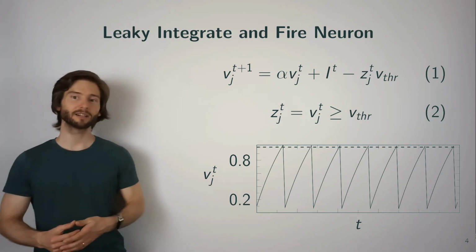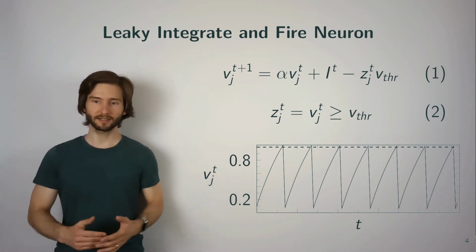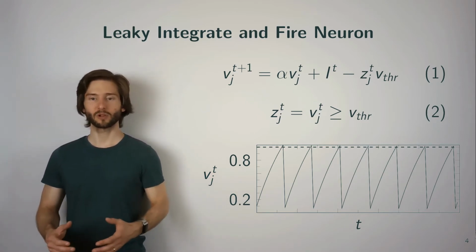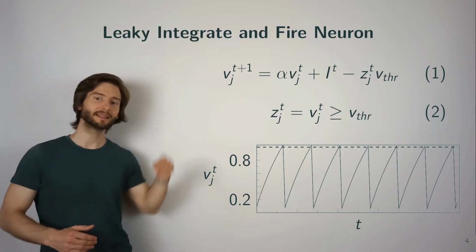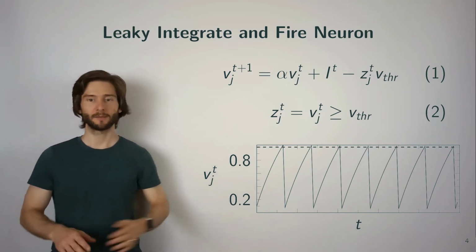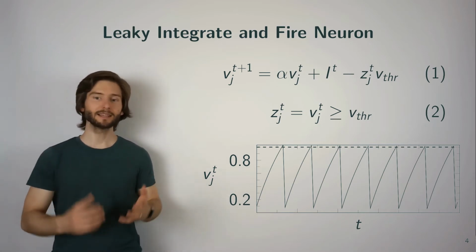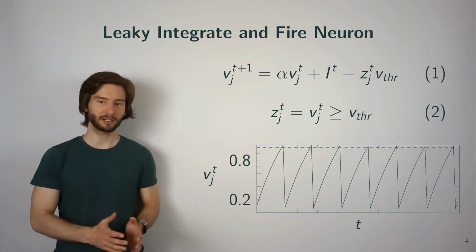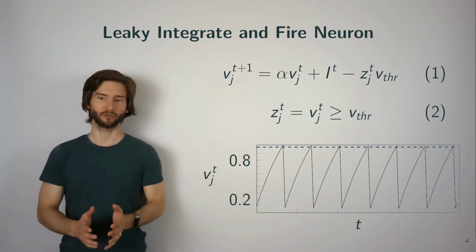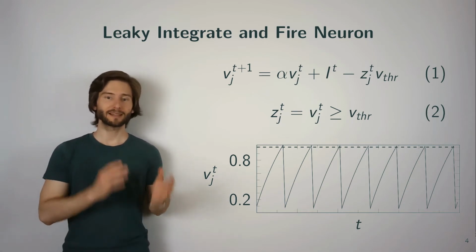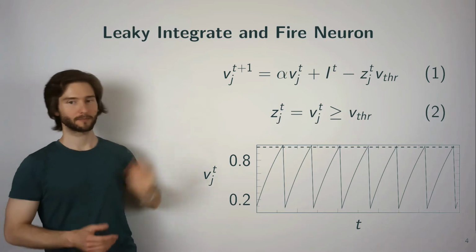And this behavior can also be seen here in the bottom, where a neuron is simulated with a constant input current, and therefore its voltage increases until it reaches the spike threshold, where it then emits a spike and the voltage gets reset and the whole process starts again. And the leaky integrate-and-fire neuron is also very similar to the real value output neuron of the LSNN, which is called a readout neuron. And this is basically a leaky integrator without the reset term in equation 1.